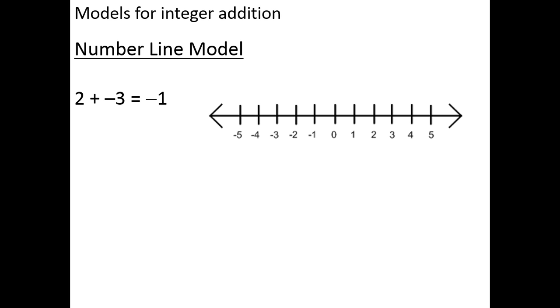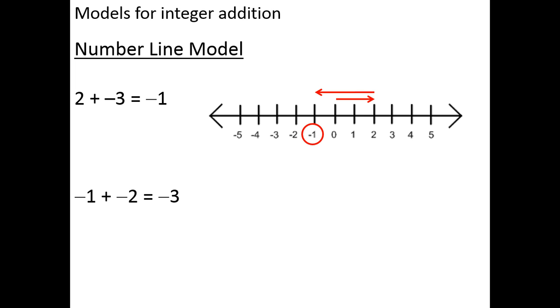The first addend is 2, and we'll show that with an arrow that starts at 0 and goes 2 units to the right because 2 is a positive number. And then from the end of that arrow, we'll draw an arrow to represent negative 3. Negative 3 would be an arrow that's 3 units long but points to the left. And we end up at negative 1, which is why 2 plus negative 3 is negative 1.